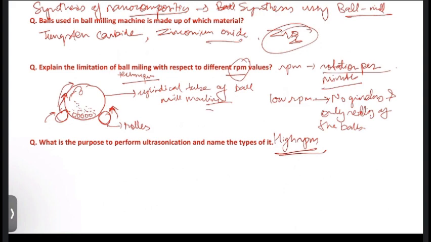Now the balls have very high speed. Instead of this position, they are now able to reach this position, B position. But will it drop? Will it get dropped from this position?